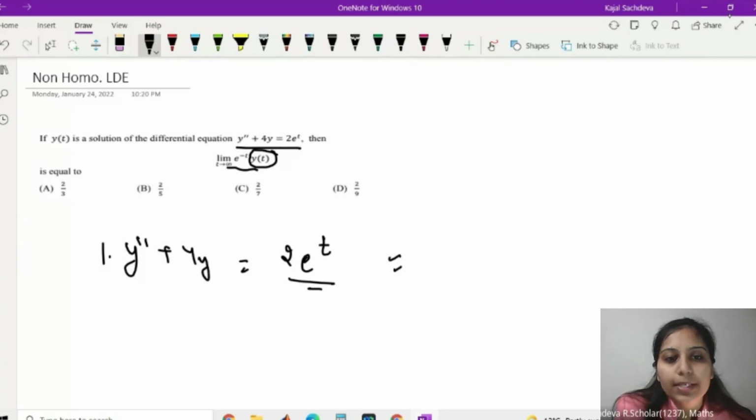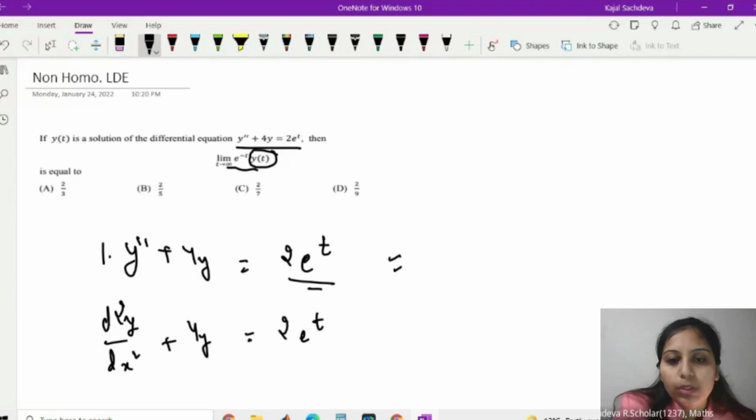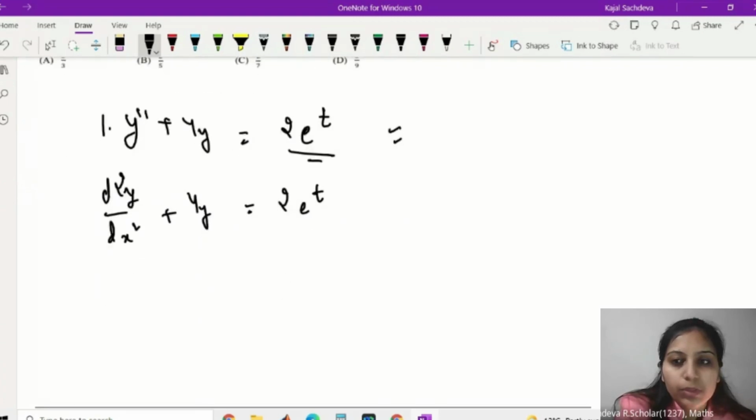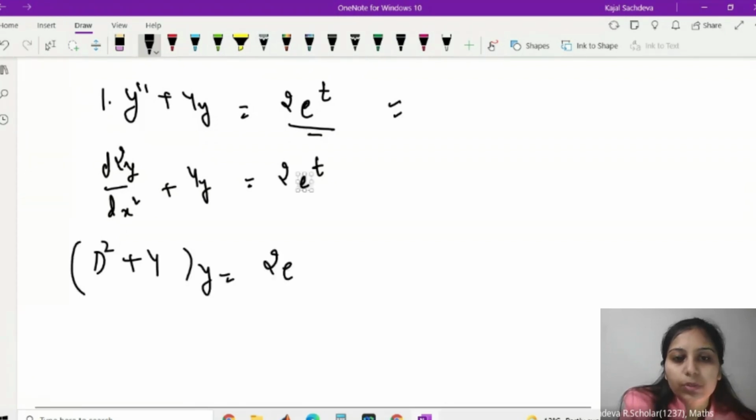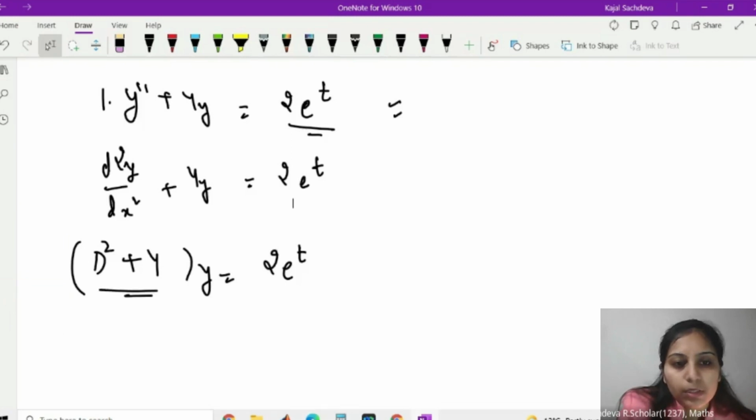So just find CF. For this, first we write it in symbolic form. Firstly write it as d2y by dt square plus 4y is equal to 2 into e raised to power t, which can be converted into symbolic form: D square plus 4 y is equal to 2 into e raised to power t. This is the homogeneous part.